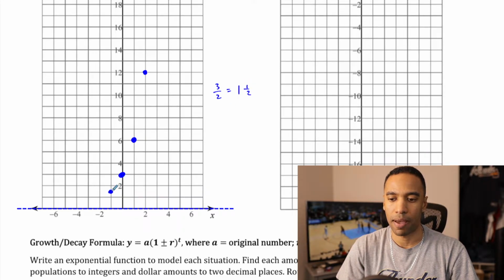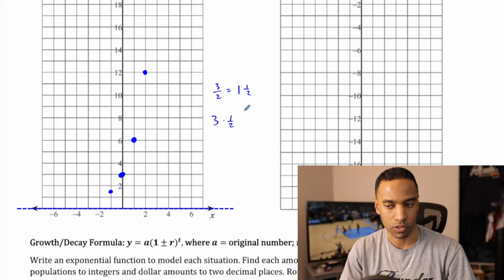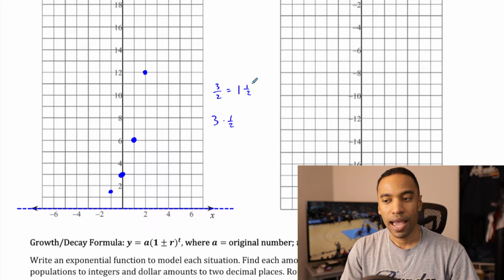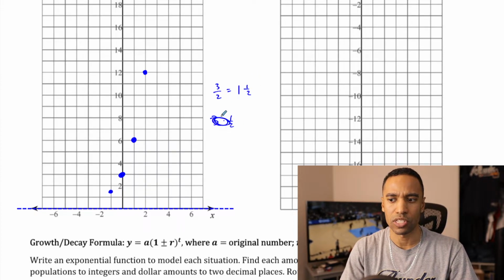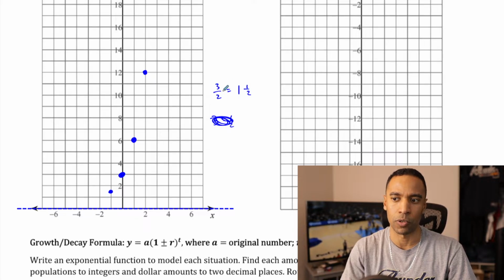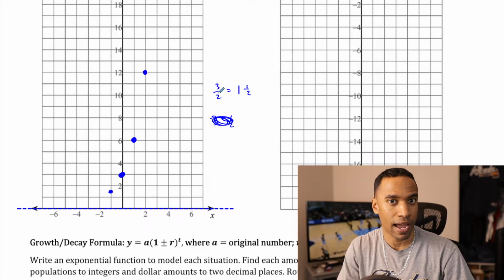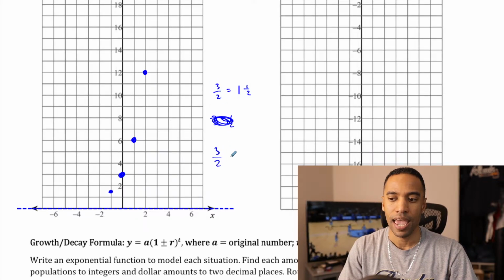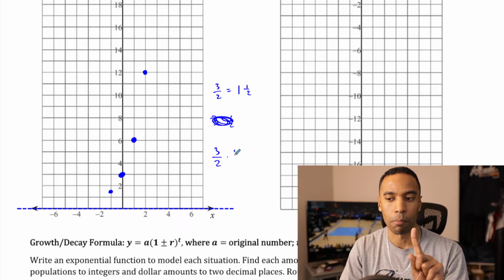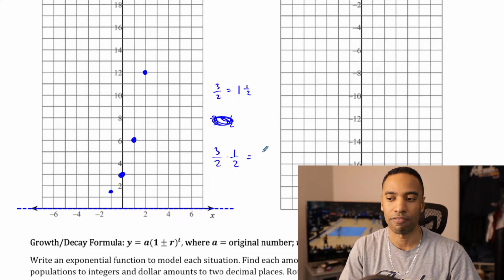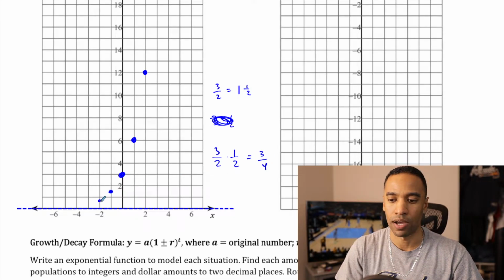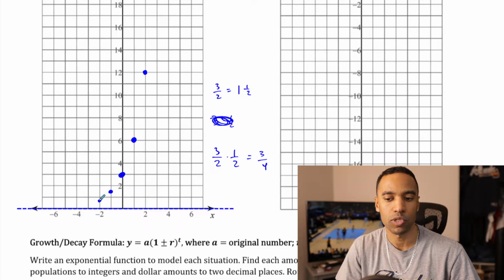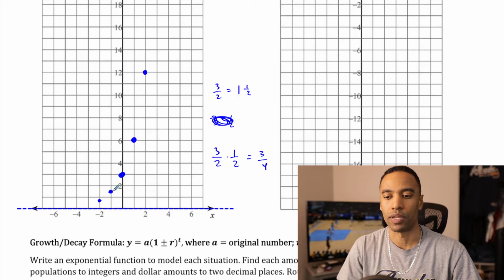If you're not sure about that, again, no calculator usage, do 3 times 1/2. That's what we're doing there. Now, 3/2 divided by 2, that's a little tricky to say out loud. So take the fraction 3/2 and divide that by 2, or multiply it by 1/2, and you get 3/4. You can approximate that one. It's less than 1, and it's halfway between a half and 1. So 3/4 is right there.